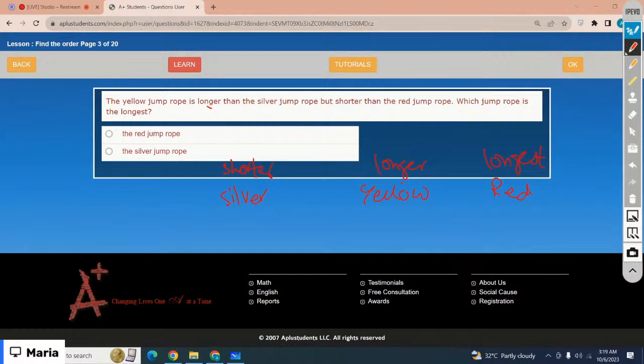The correct option is red, the longest one. The correct option is red.